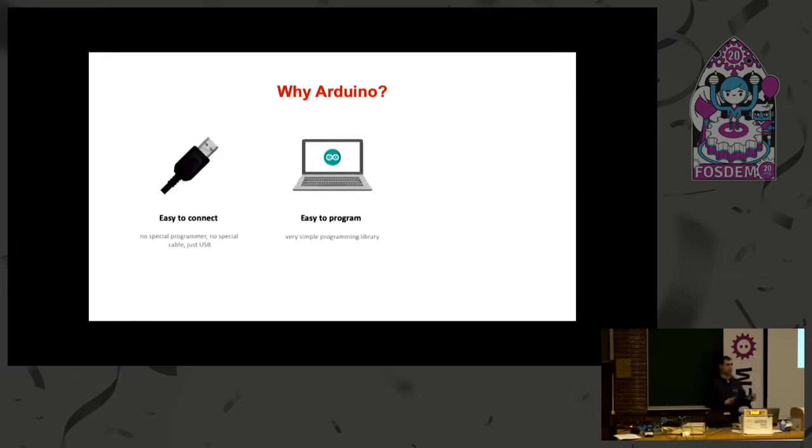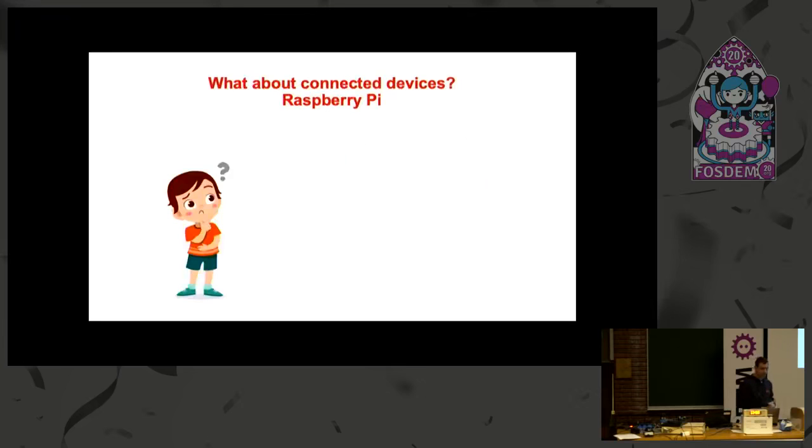It has a super simple programming interface, and everybody can write a program with 10 lines of code and make something blink. So that's great. The problem is the device is limited. So we're talking about connectivity, and Arduino is not exactly well suited for connectivity. And if you go to more processing, Arduino again is not the best solution.